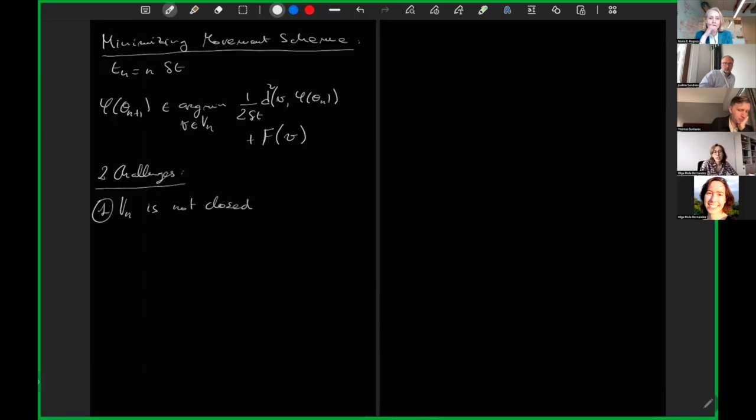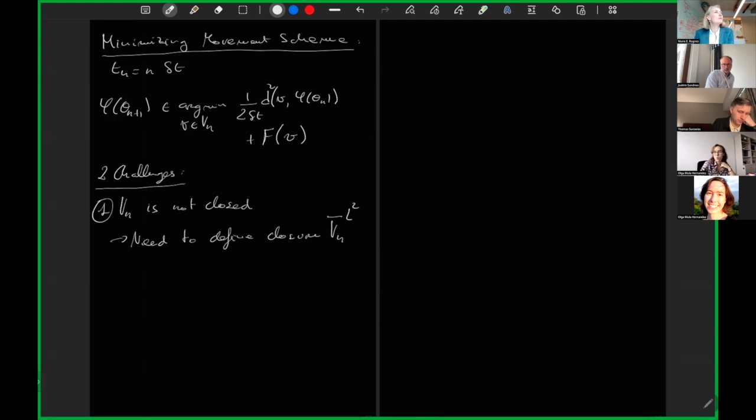This is because when the weights of the neural network theta become very large or very small, there are some combinations of them which are going to make us land on functions that are not in Vn. So Vn is not closed, and therefore we need to define the closure of Vn with respect to the L2 metric.